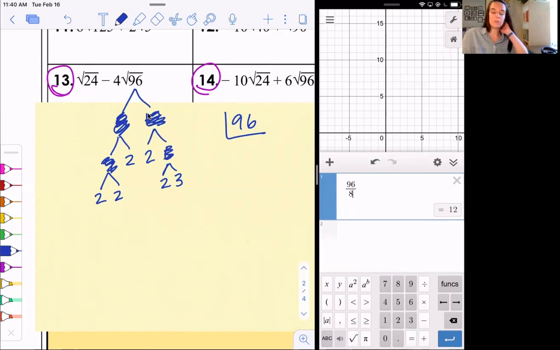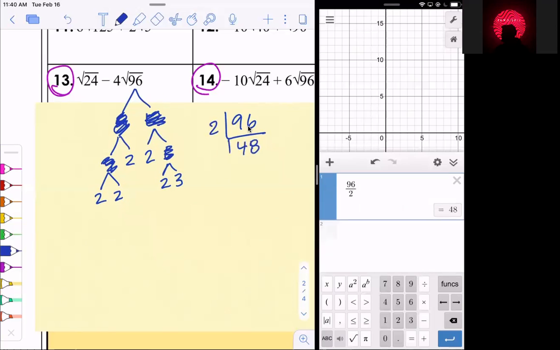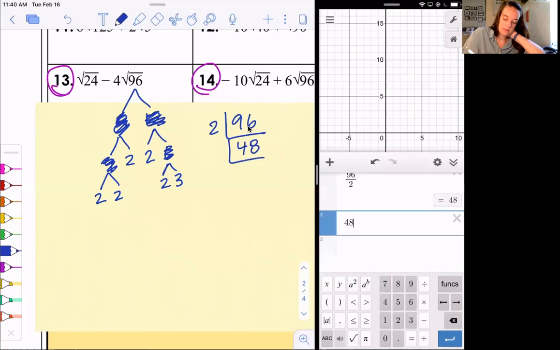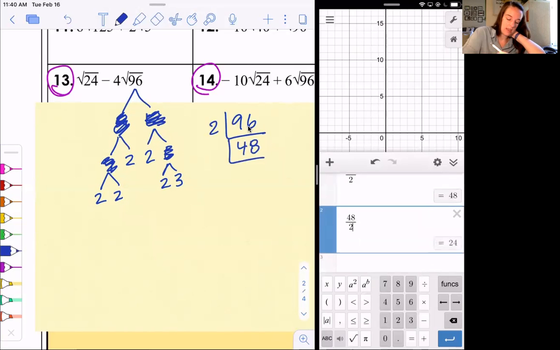So this is that way. Or let me show you the prime factorization way in case you like it with big numbers. So 96, if I just divide by 2, I get 48, right? And then I'm going to divide that by 2. 48 divided by 2, I get 24. I say, okay, I'm going to divide that by 2, I get 12.